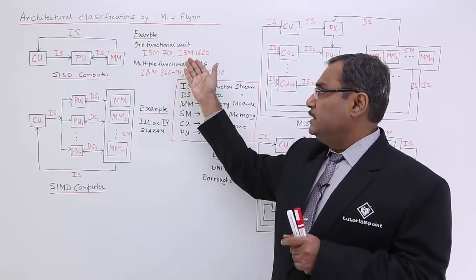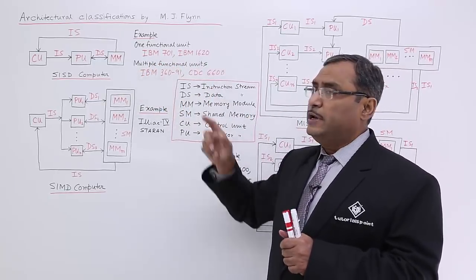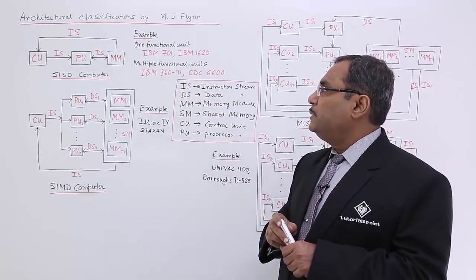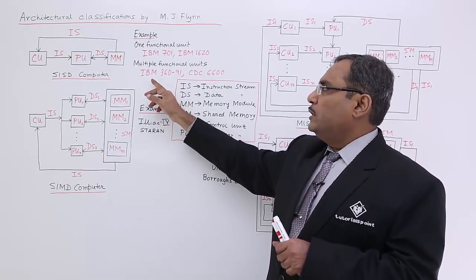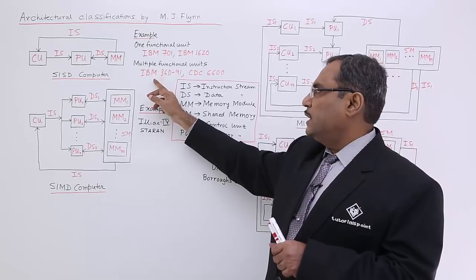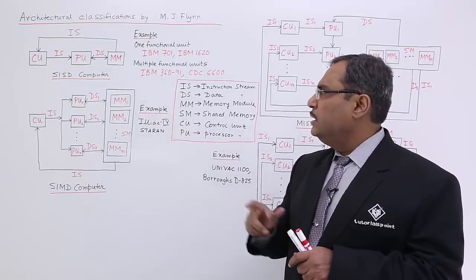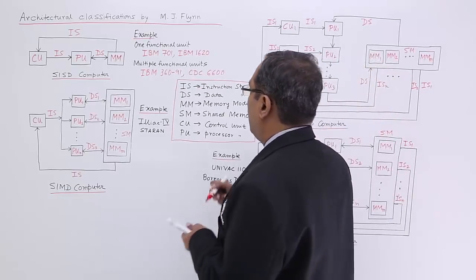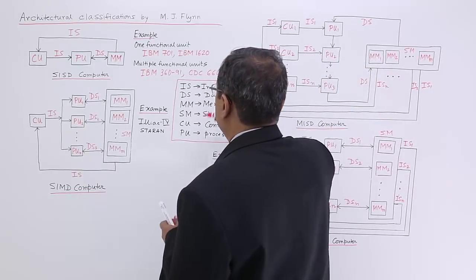In those days, this model was implemented in these computers. And in case of multiple functional units, the computers are IBM 360/91 and CDC 6600. So, these are the numbers of these particular computers.